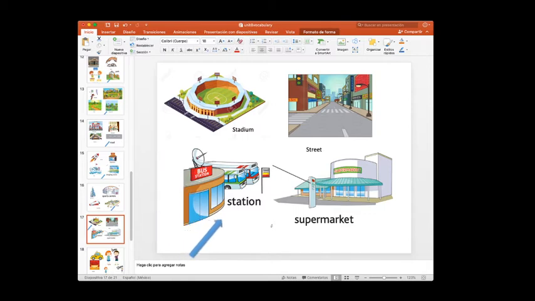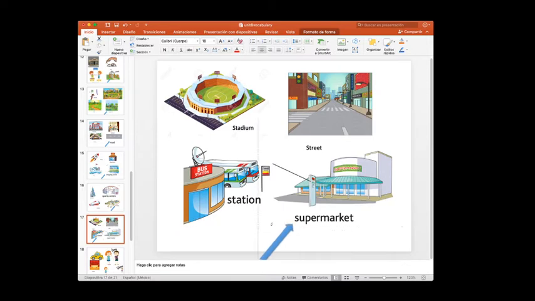This other one is a station. This other one is supermarket. Okay.